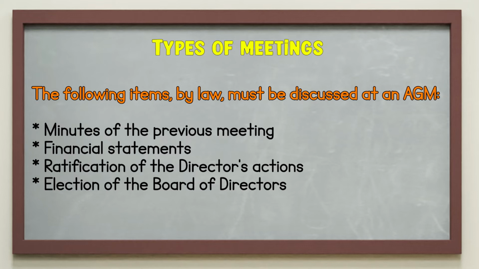The following items by law must be discussed at an AGM. Number 1, minutes of the previous meeting. 2, the financial statement. 3, ratification of directors' actions. And 4, election of the board of directors.